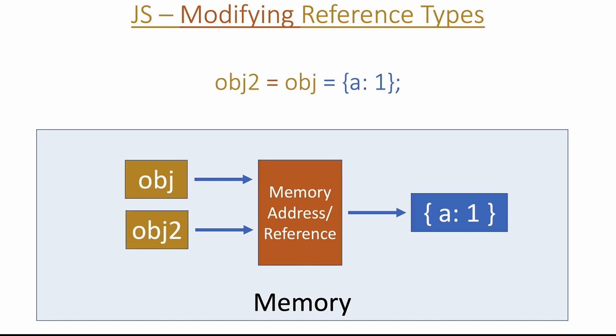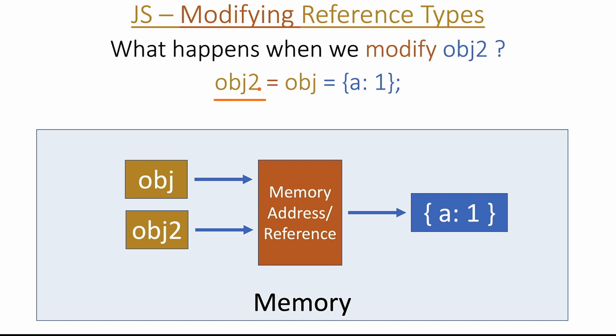Now let us discuss a similar example for non-primitive types or reference types. Here we have the statement obj2 = obj = {a: 1}, which is an object. So what happens if we modify this variable obj2? Let's say we increment the value of the key within obj2 like this: obj2.a += 1. When the statement executes, this object over here will change from a:1 to a:2.